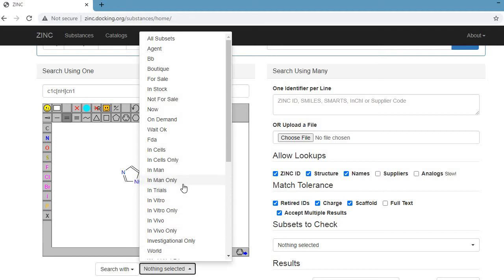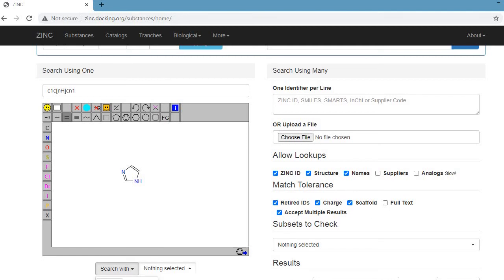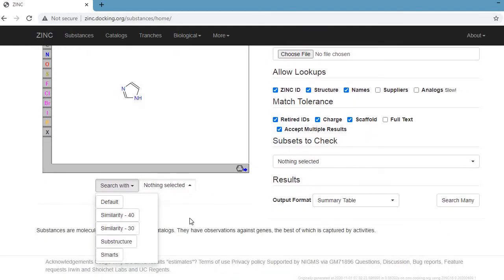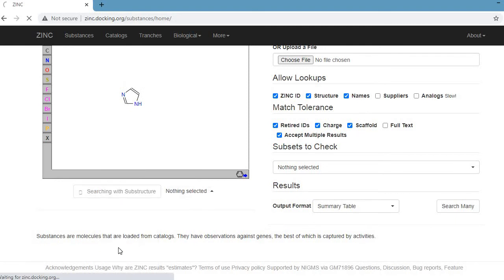Here you can search with various in vitro studies, in vivo studies, in stock and all. And when you click on search with, then you want to search it with substructure, so click on substructure.